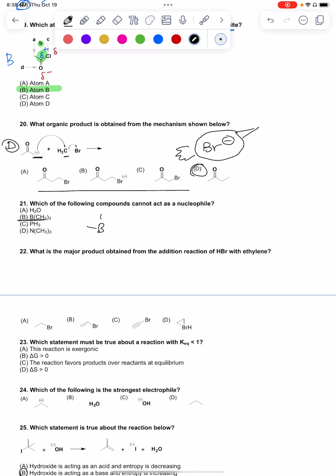Boron has CH3, and it's got an empty orbital, which means it's willing to take electrons. Yes, it's an electrophile. It's willing to take some electrons on, but it doesn't have any electrons to give to something positive.